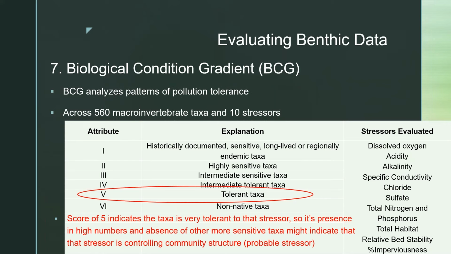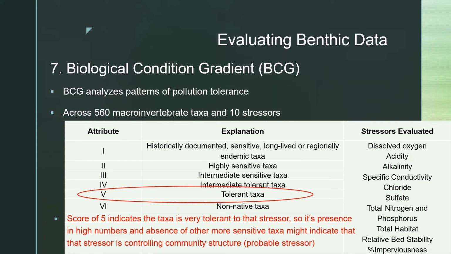Really sat down and went through a lot of different taxa and scored those different taxa based on their tolerances to individual pollutants or to individual parameters. So it's basically going back to what we talked about before and looking at those curves for different parameters.